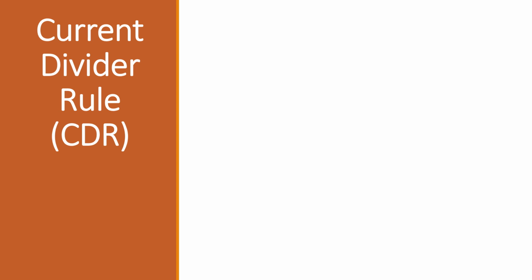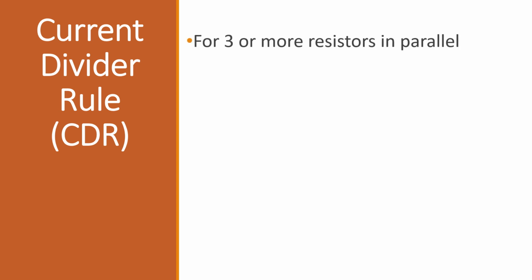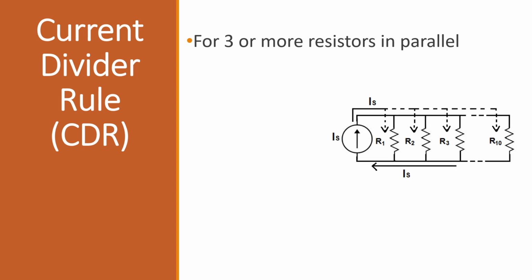In our previous slide, we derived the CDR formula for two resistors that are connected in parallel. Now, if there are three or more resistors connected in parallel, how are you going to find the unknown current of any element? Now look at this configuration. Here there are 10 resistors that are connected in parallel.